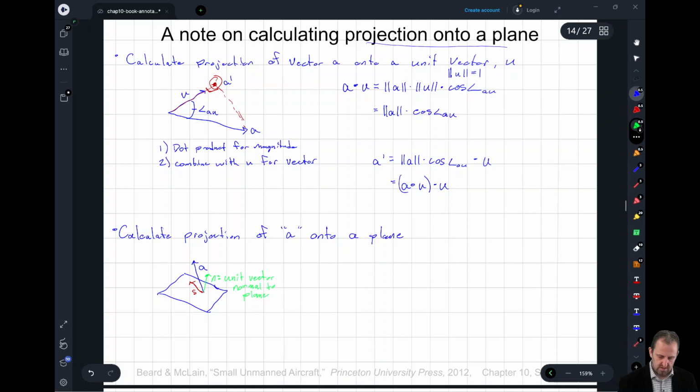And I want to note that from a high level, S is everything from A except the normal component of A that moves off the plane.